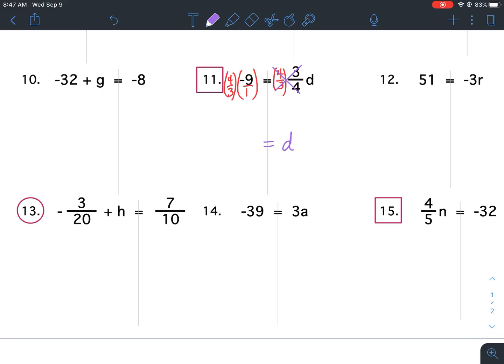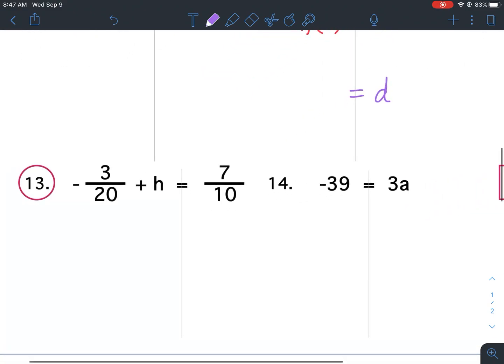For number 13, again, is this multiplication here? Is that -3/20 times h? No, that's -3/20 plus h. So this is not a multiplication problem. Therefore, this is not a reciprocal problem. So looking at this, I need to get rid of the -3/20. Well, the inverse would be to add 3/20.